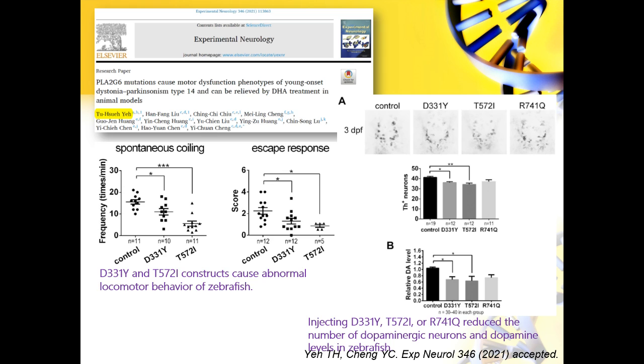Immunohistochemistry using tyrosine hydroxylase (TH) antibody showed a reduced number of dopaminergic neurons following injection with D331Y, T572I, or R741Q construct. In addition, the dopamine level analyzed by HPLC was decreased by the injection of D331Y or T572I.